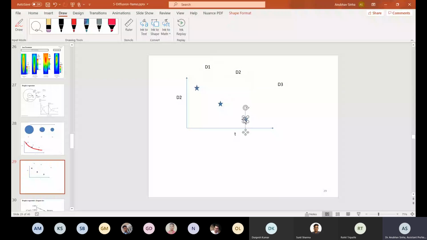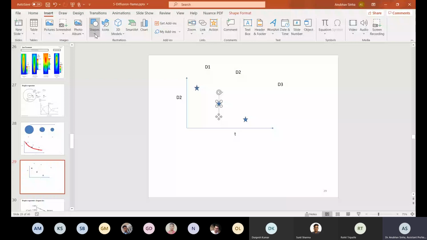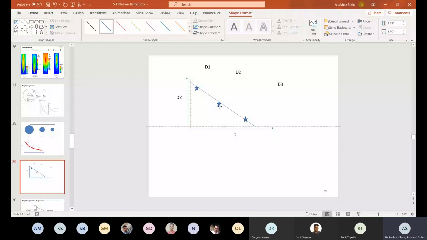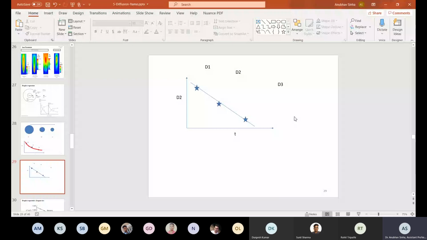So what this law says is that if you plot d square, it falls on a straight line. If I take measurement of d square, that falls on a straight line. That is all it says.